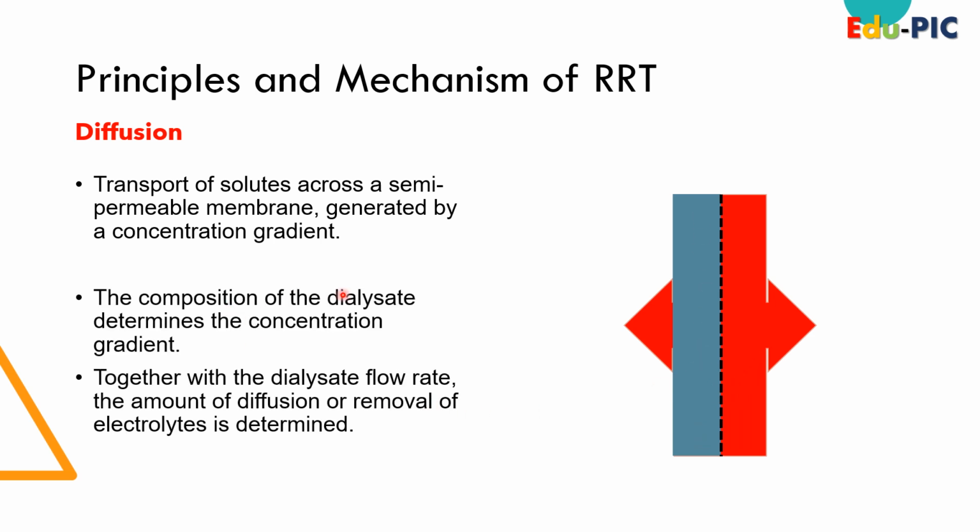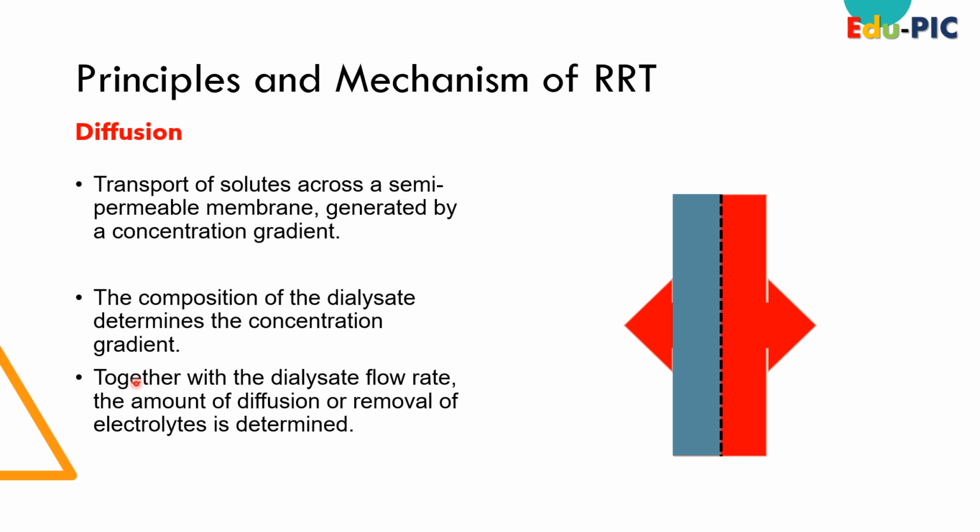So the composition of the dialysate, as you can figure out, determines the concentration gradient. So basically, if you've got highly concentrated dialysate, then you're going to get less solutes out. If you get less concentrated dialysate, then you're going to get higher amount of solutes out.